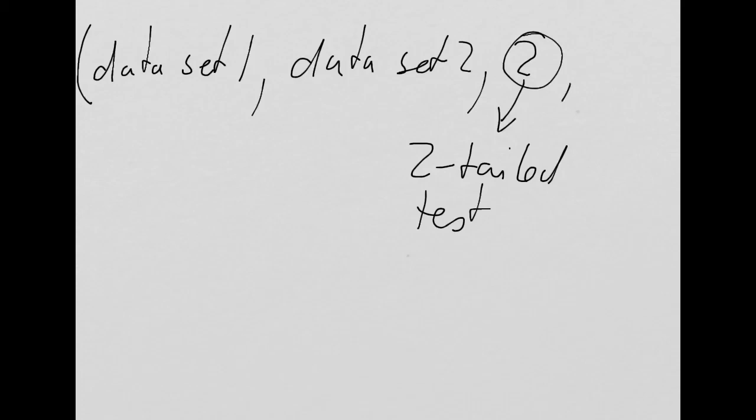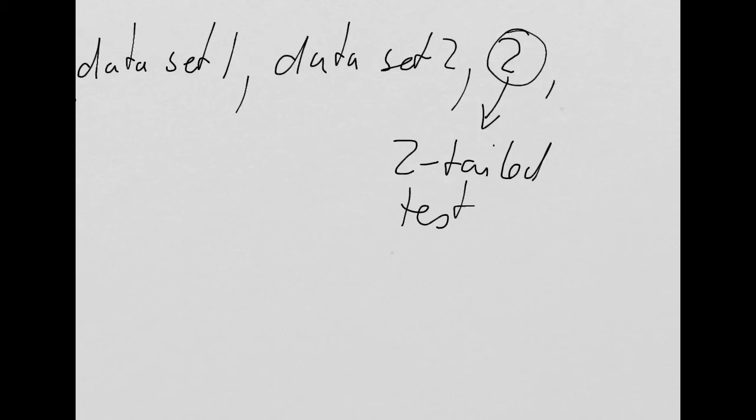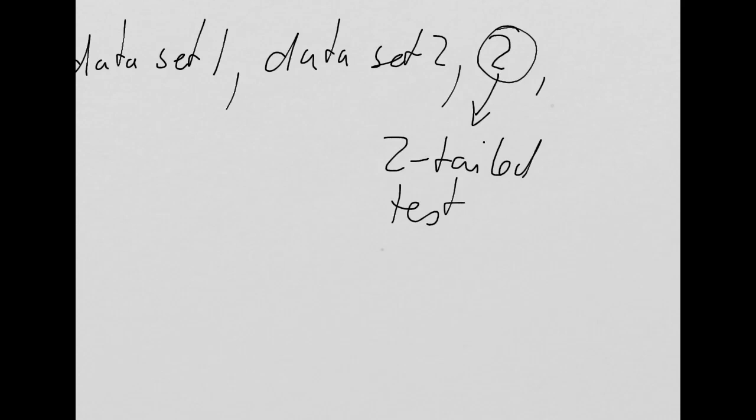And lastly, you need to tell the program what kind of test you want. Is it a paired test? Is it a before and after, before I hug you and then after I hug you? Or is it completely independent samples? And if it is independent, do they have the same variance?